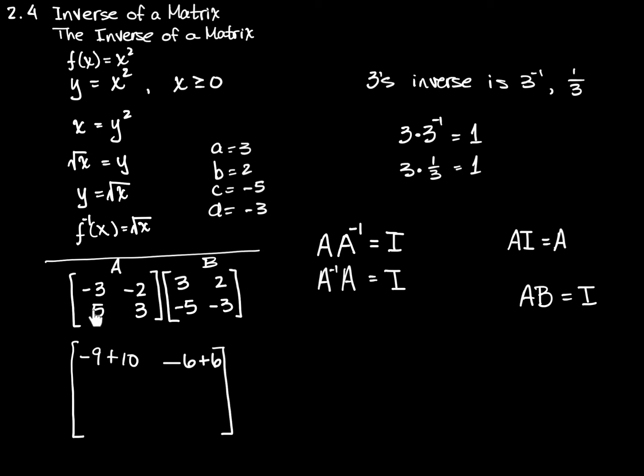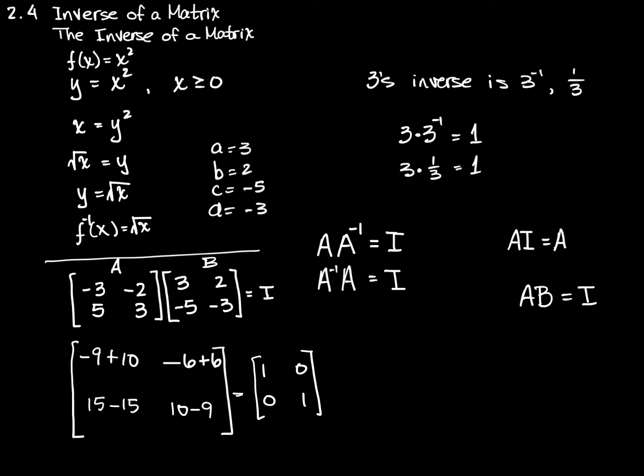Then I'll do the same thing for row 2. -5 times 3 is -15, plus 3 times -5 is -15. And lastly, 5 times 2 is 10, plus 3 times -3 is -9, 10 minus 9. And that, of course, when I simplify it, is 1, 0, 0, 1. And that's the identity matrix. So AB is the identity matrix.